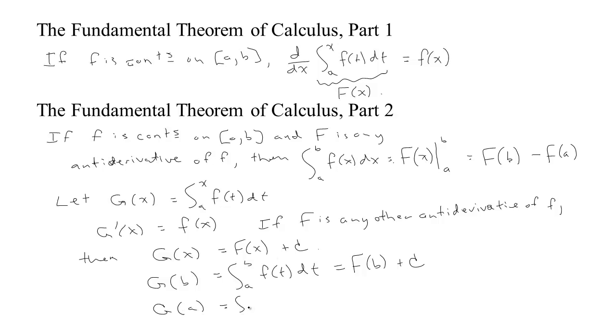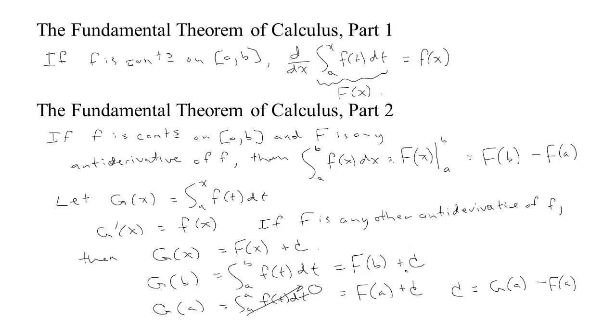G of a would be the integral from a to a of f of t dt. Of course, that has to be equal to 0, but also g of a would be F of a plus some constant. So the constant we're looking for is actually g of a minus F of a.